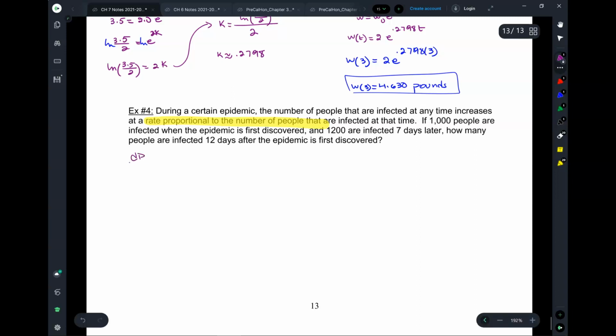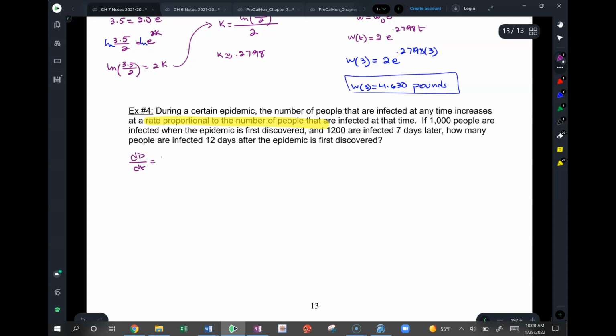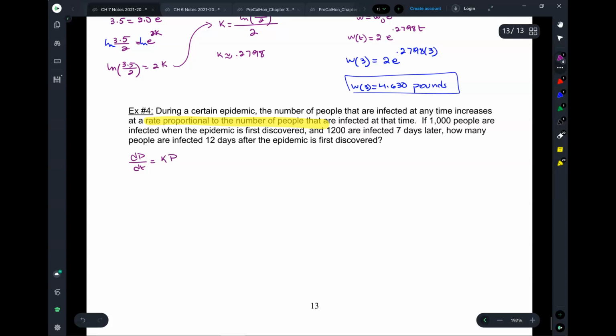So dP/dt is equal to k times P. Okay, that's how it works. If 1,000 people are infected when the epidemic is first discovered, so at t equals 0, and 1,200 at 7 days later, at t equals 7, how many people will be infected 12 days after the epidemic is first discovered?